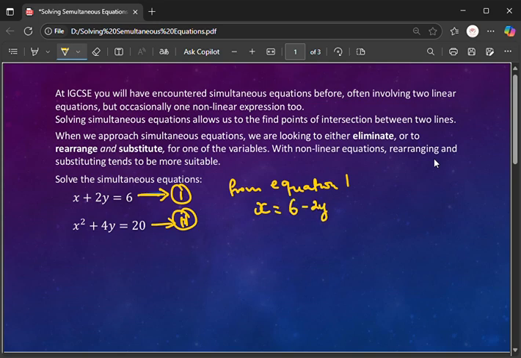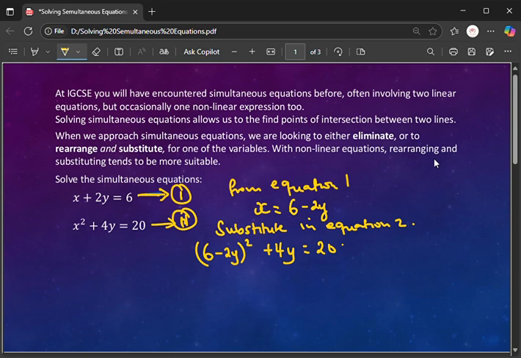Then we substitute in equation 2: instead of x squared, we write (6 minus 2y) squared plus 4y equals 20.